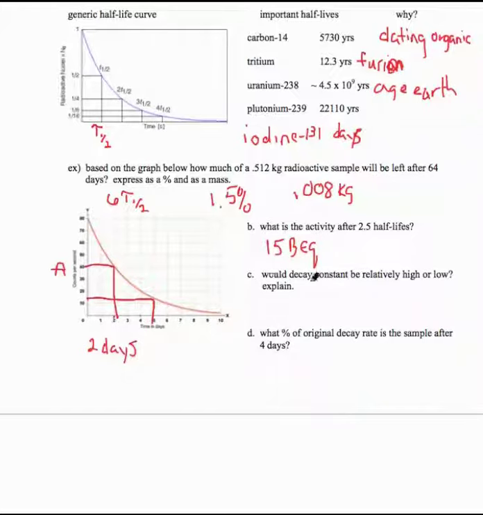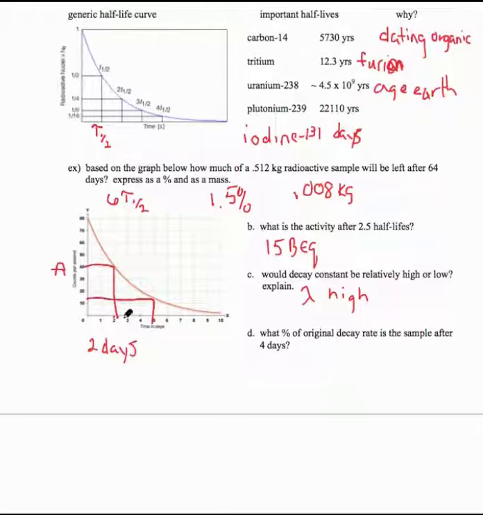Would the decay constant be relatively high or low? Explain. If you recall from up there, the decay constant is an indirect indication of how quickly it decays. A half-life of 2 days compared to some of these is very, very short, so lambda is going to be high. And then, what is the percent of the original decay rate if this is the sample after 4 days?